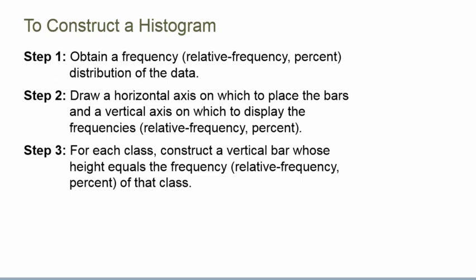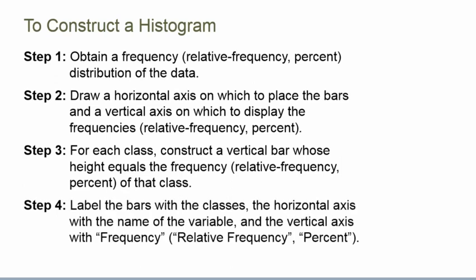For each class, construct a vertical bar whose height equals the frequency, relative frequency, or percent of that class. Step 4. Label the bars with the classes, the horizontal axis with the name of the variable, and the vertical axis with frequency or relative frequency or percent.